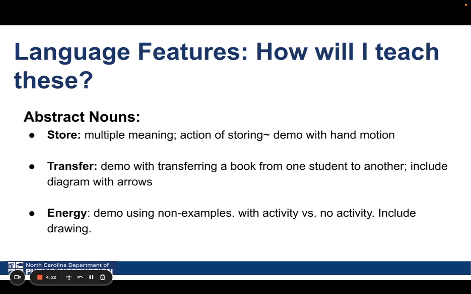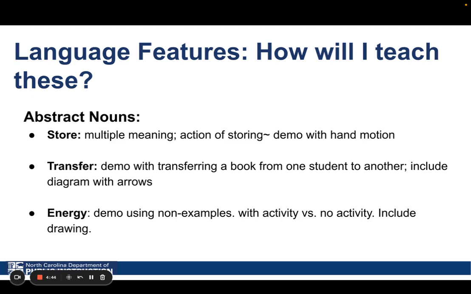I felt this was an important word to teach because of the multiple meanings of the word store. And so I taught our students the action of storing and demonstrated with hand motions for storing. Transfer was another abstract noun.